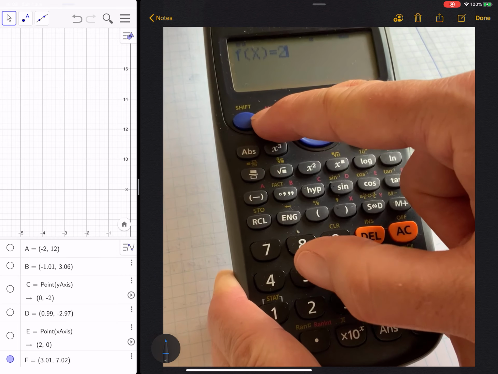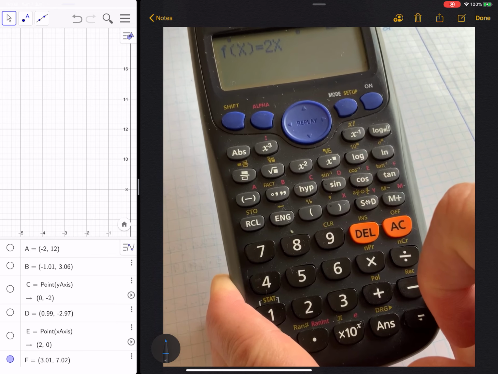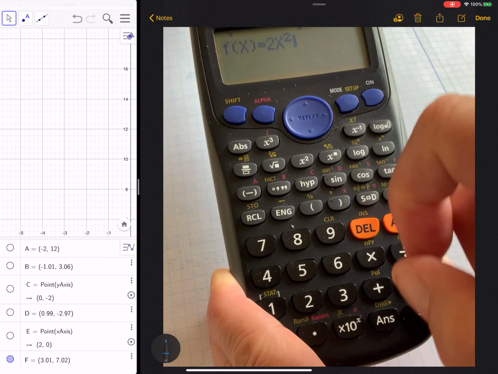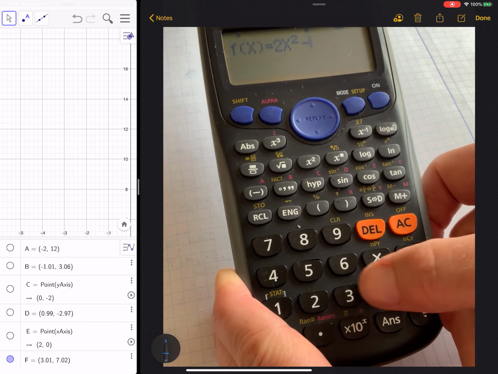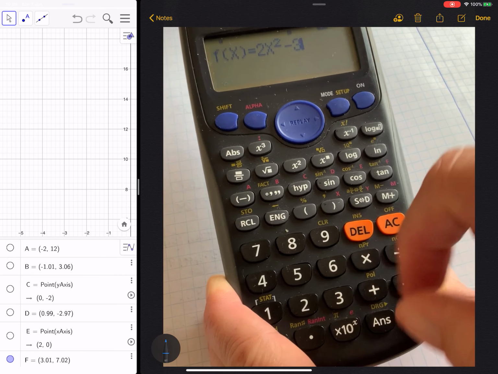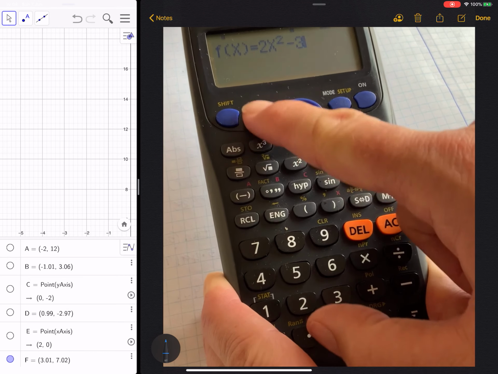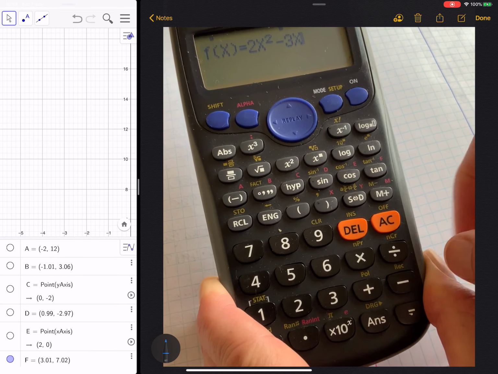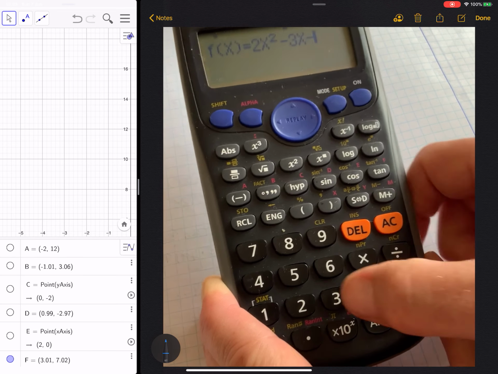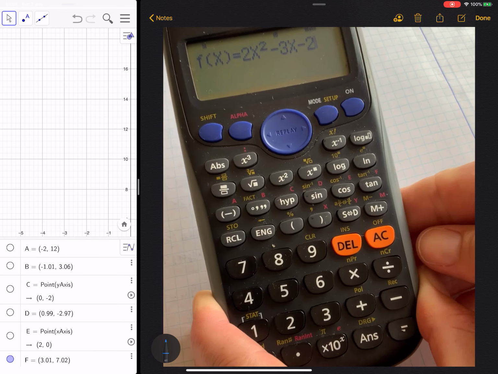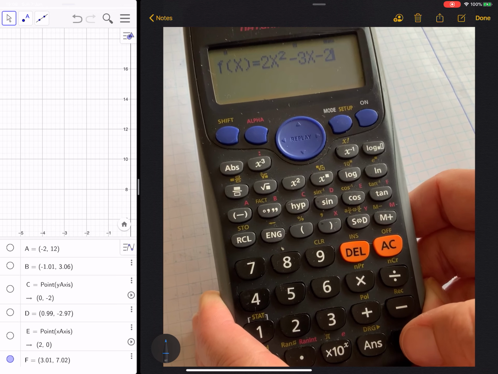So 2 alpha x, and then it needs to be squared, and then minus 3x, so we need alpha again, x, and then it was take away 2. So here we have inputted the function into the calculator.